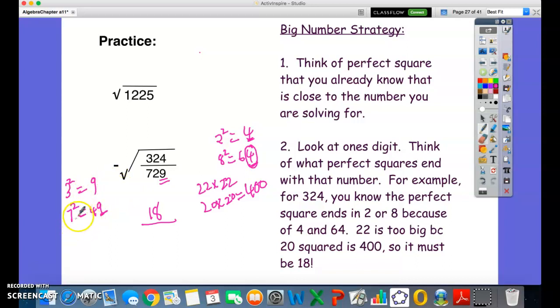So maybe you can try 27. 27 times 27, and then you can check it. So 18 over 27. You'll get a rough estimate, then you can do the calculation and check it. You can divide both by 9, so you get 2 over 3.